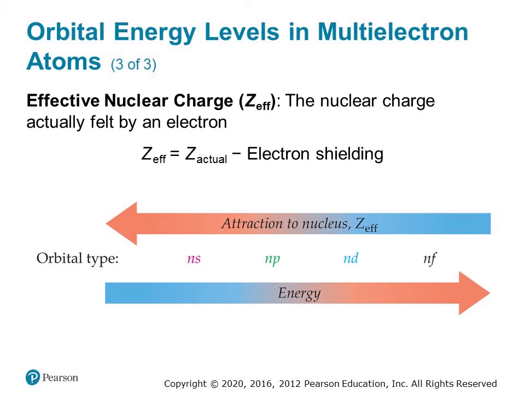When we reduce the probability of an electron existing close to the nucleus, we increase its shielding and decrease the effective nuclear charge felt by the associated electrons. As the effective nuclear charge decreases, the energy of the electrons goes up. This explains why, for a multi-electron atom, the 3s, 3p, and 3d orbitals don't have equal energies like they do for a hydrogen atom. For the single electron in a hydrogen atom, there are no other electrons present to cause shielding, and so no energy difference between these orbitals.